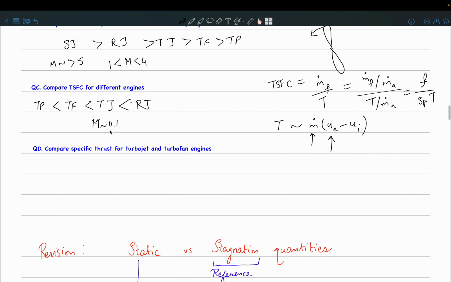In ramjet it is not going to be 0.1; it's going to be 0.6, 0.7, something like that. So when the combustion occurs at much higher speeds and much higher pressures, then to raise the temperature you need even more fuel. And for the same reason, scramjet's fuel consumption is going to be even higher than ramjet.